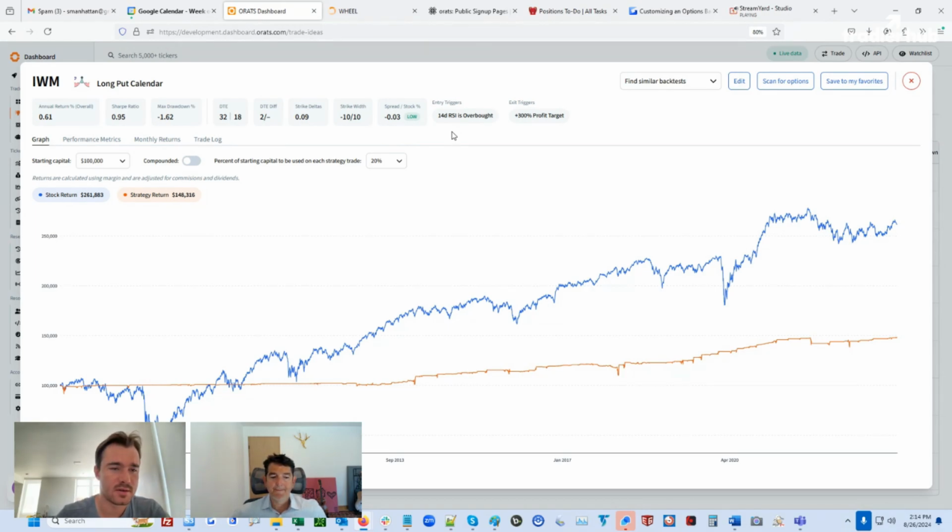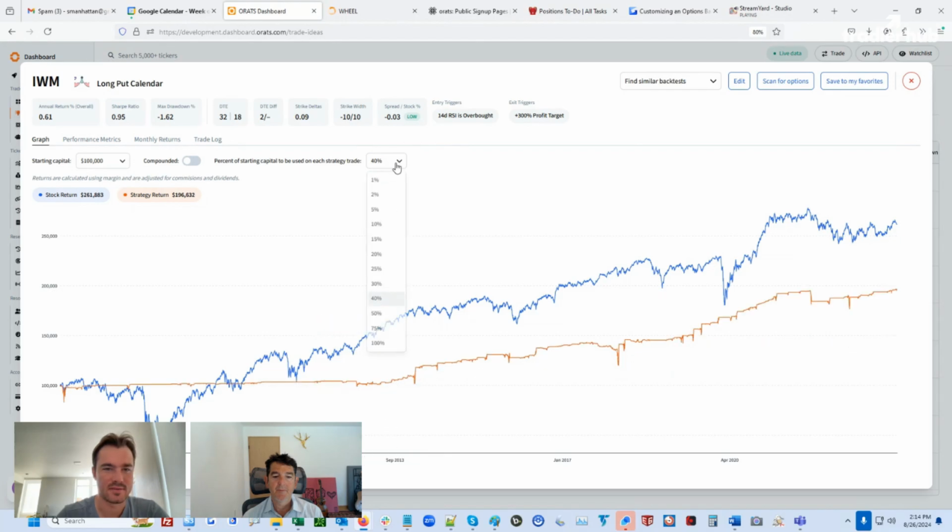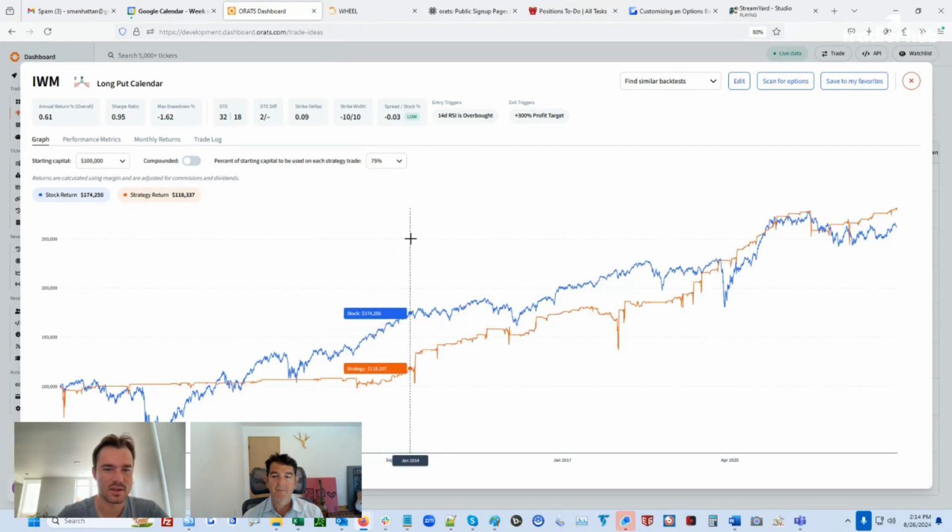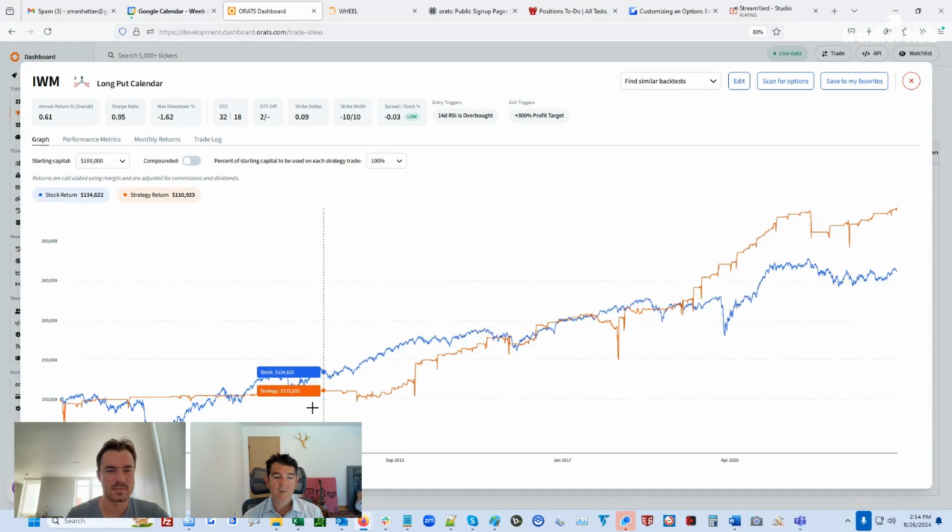One thing I like to do where it says % of starting capital to be used on each trade, I like to sort of match that up roughly with the graph so that I can see, in relation to the stock, where am I winning, where am I losing, based on how much I'm investing into the strategy. So this particular one would invest 100% of the starting capital.